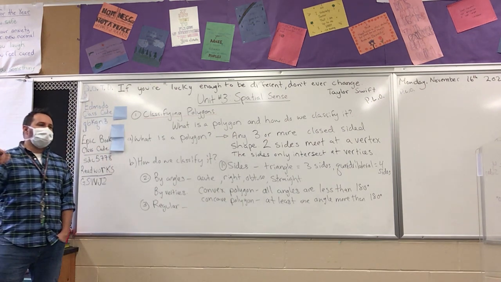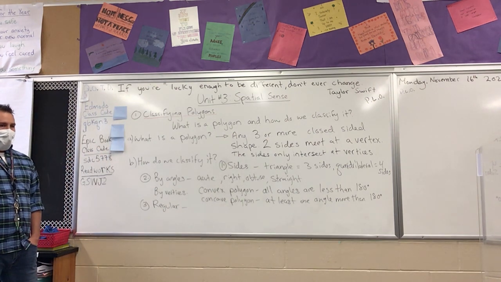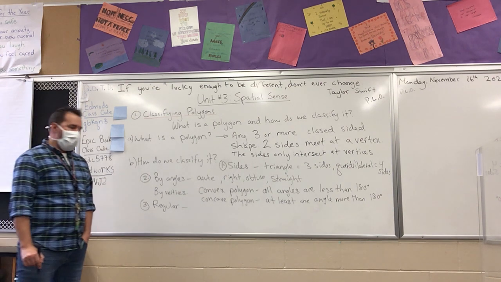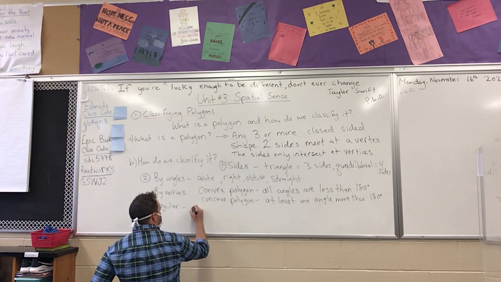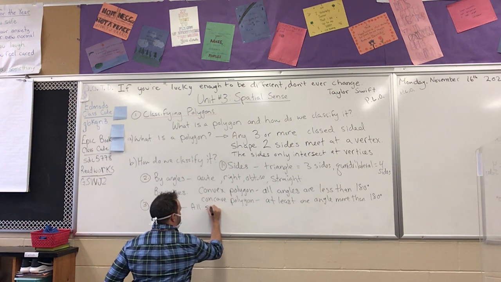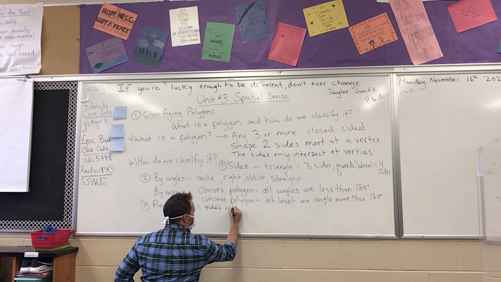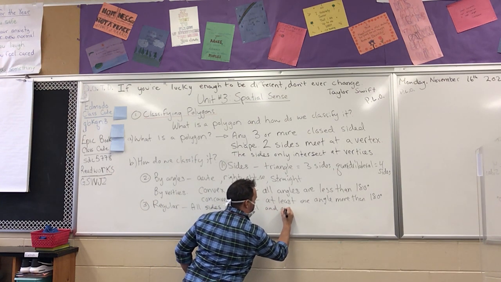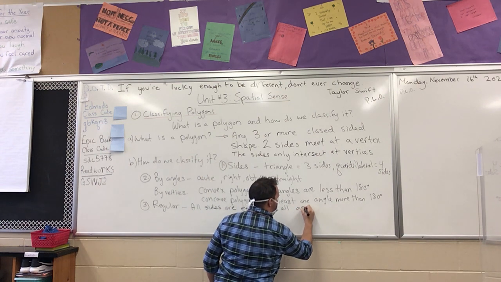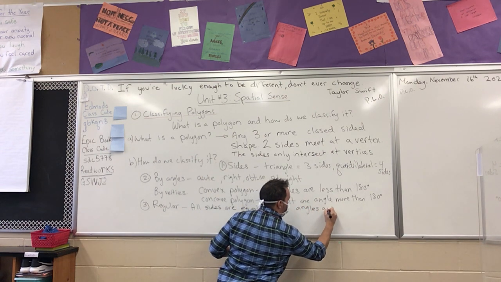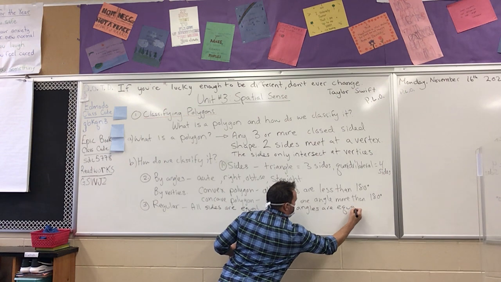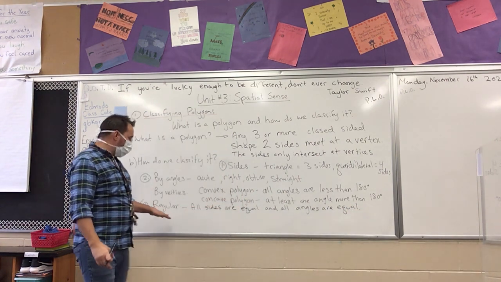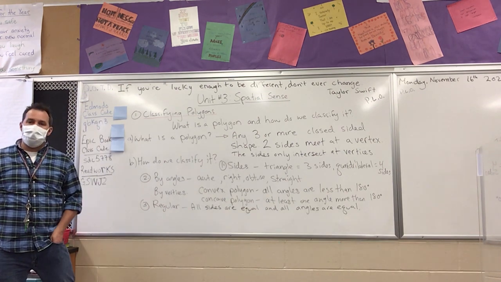If we have a regular polygon, if it's regular, it means all sides are the same length, are equal, and all angles are equal. Okay? So all sides and angles are equal. It becomes a regular polygon.